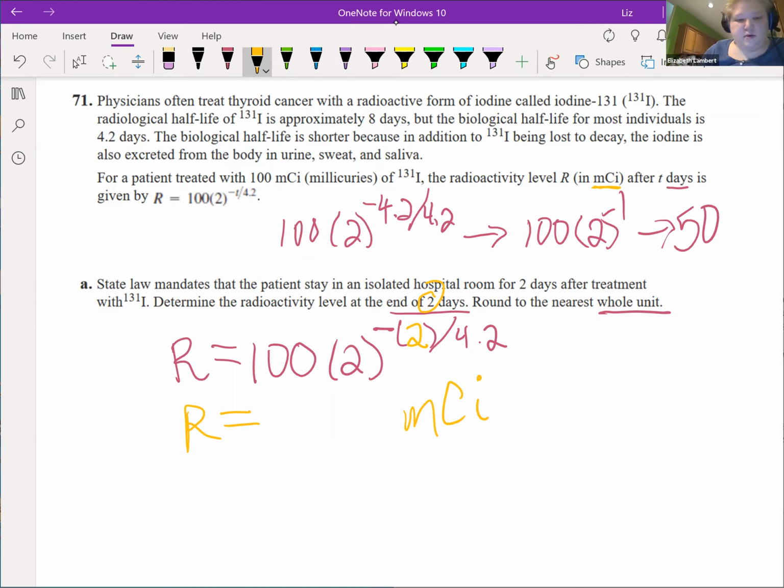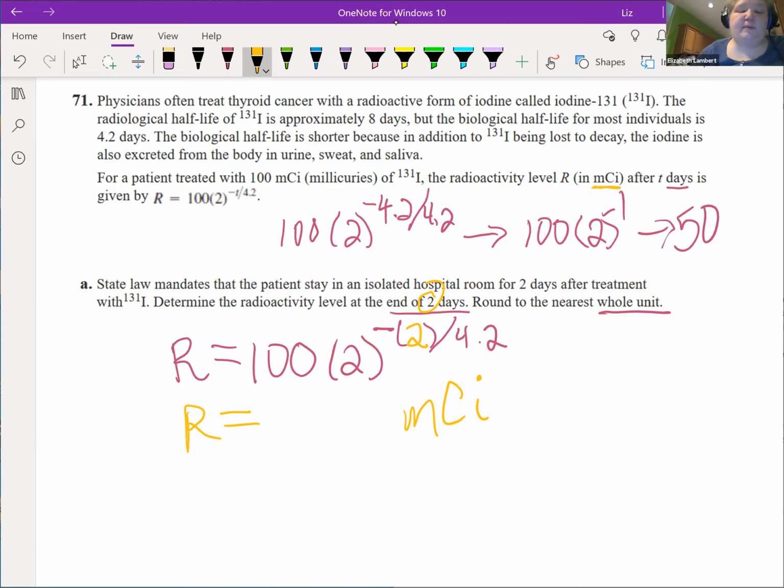Where is it? I never remember where the negative ends up. There it is, negative 2 divided by 4.2. Close. Times 100.